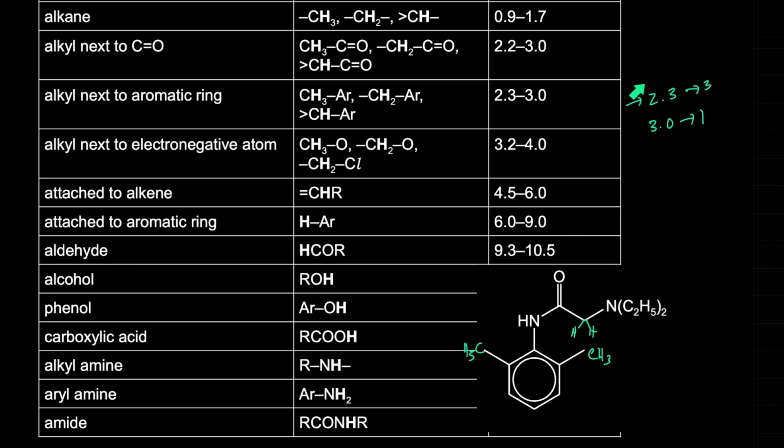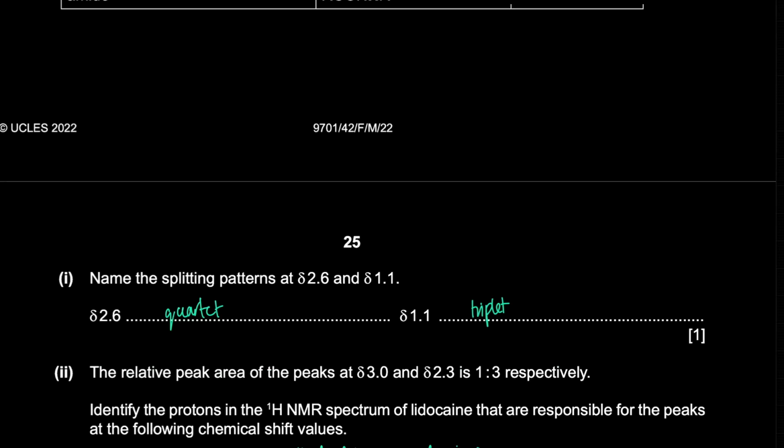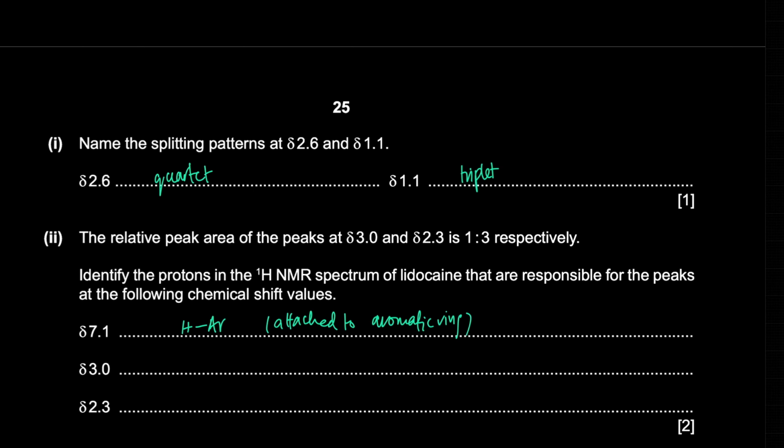So the peak at 2.3 is the alkyl next to the aromatic ring, and 3.0 is the alkyl next to the C=O.